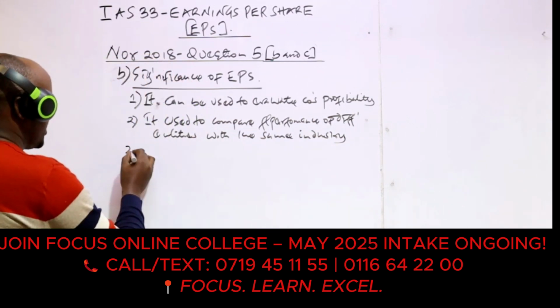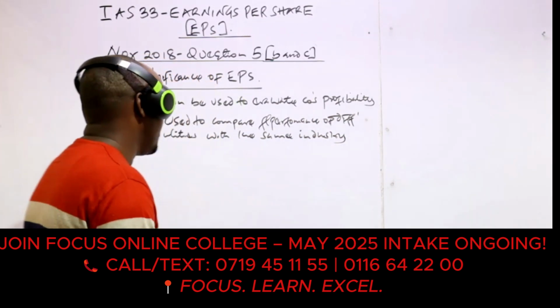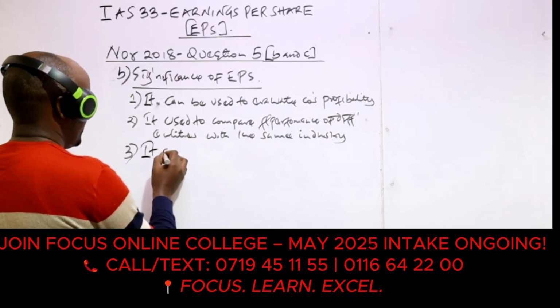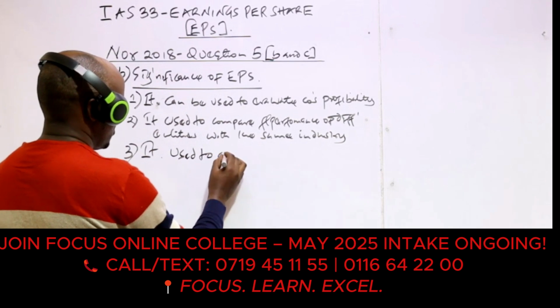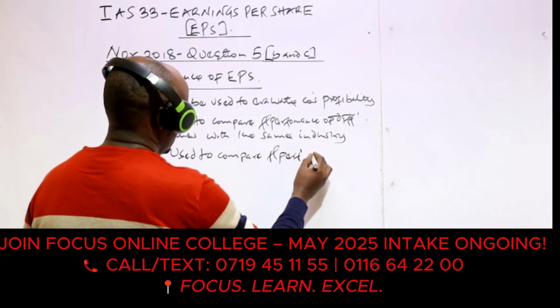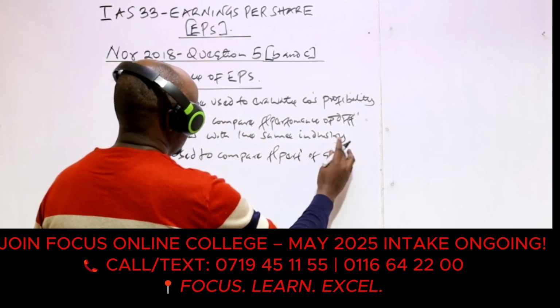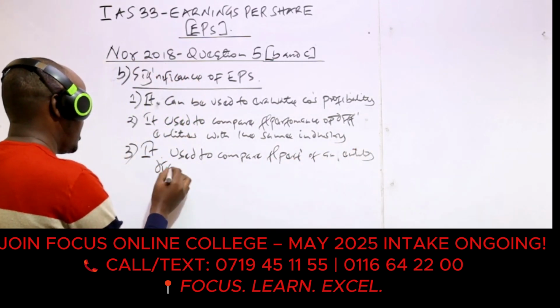So the shareholders can use earnings per share to compare the performance of different companies within the same industry. And number three, it is used to compare the financial performance of an entity in different years.